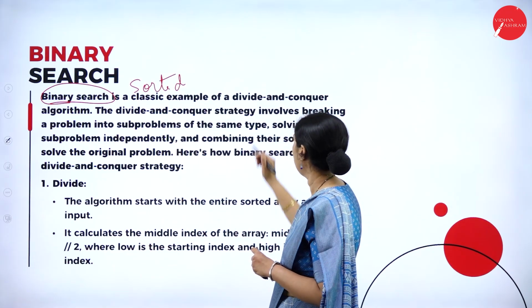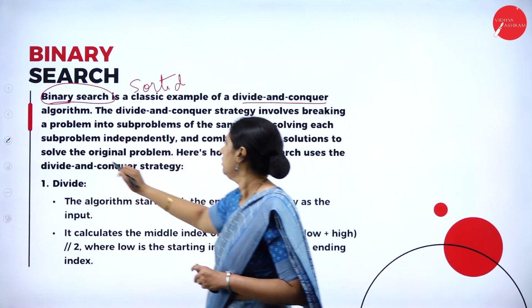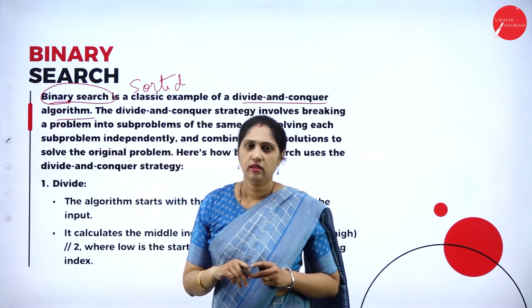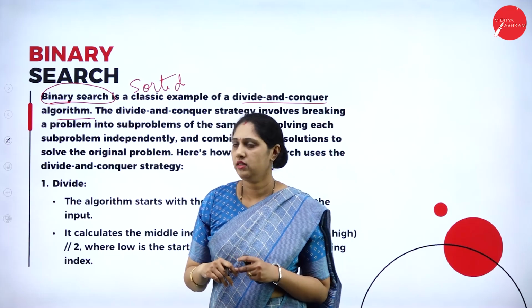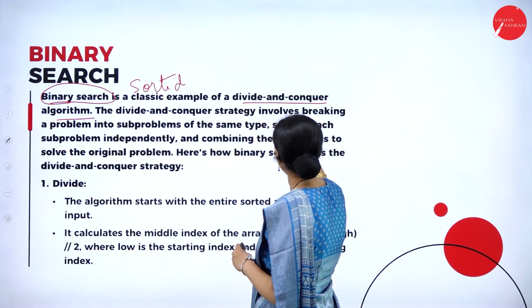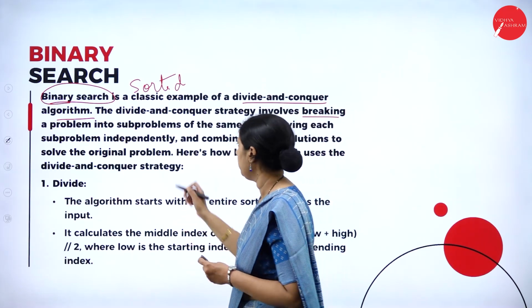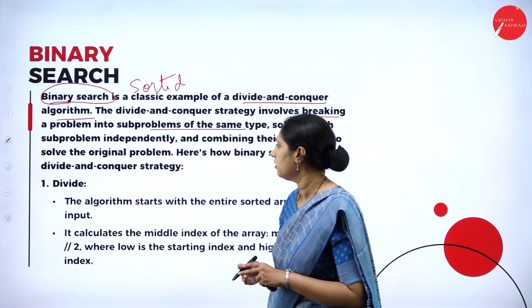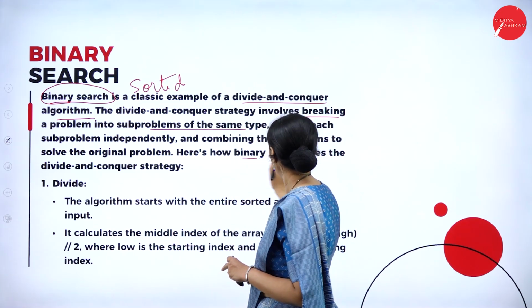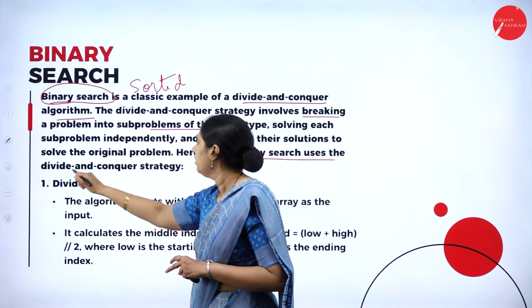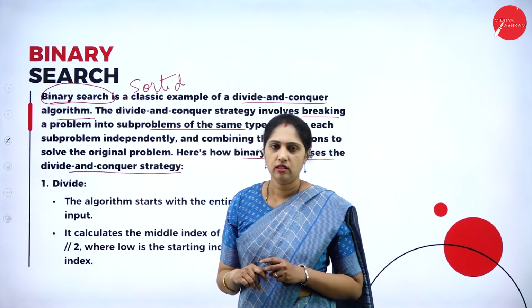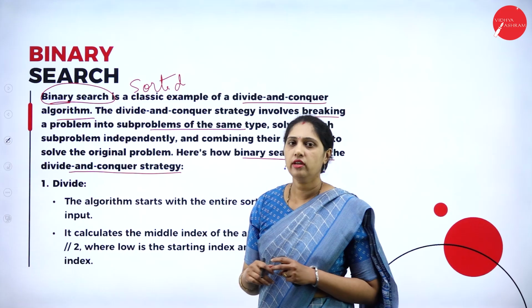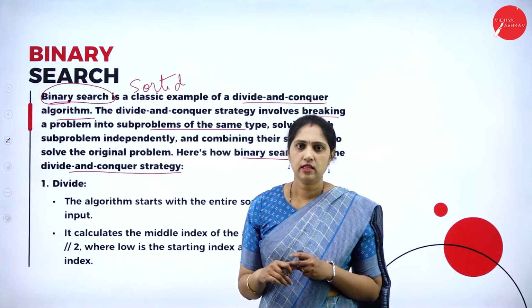So binary search is also an example of divide and conquer. Then why is it called binary search? It breaks the problem into sub-problems. As we know, divide only, it breaks. Here, binary search uses the divide and conquer strategy. Suppose you have taken a sorted list as the input.